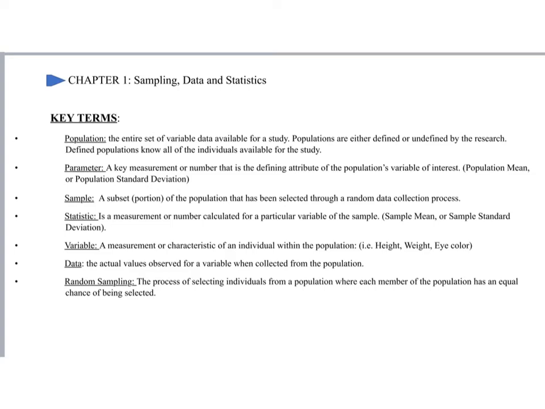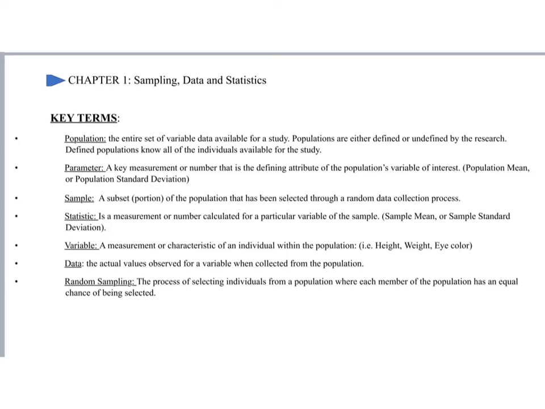The key terms in this chapter are the following: population, parameter, sample, statistic, variable, data, and random sampling. For population, we are looking at the entire set of variable data available for a study.